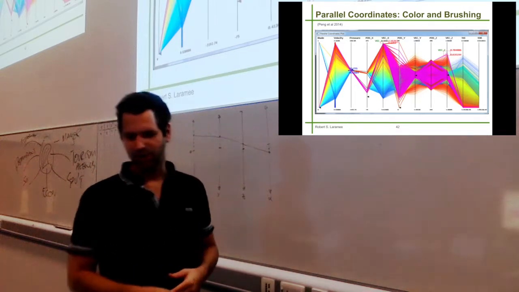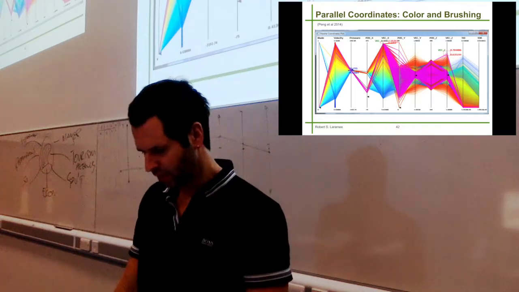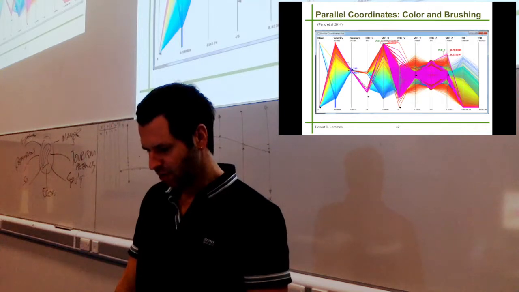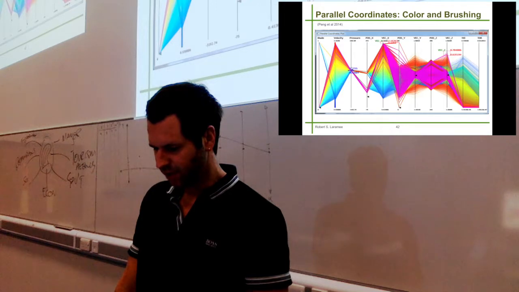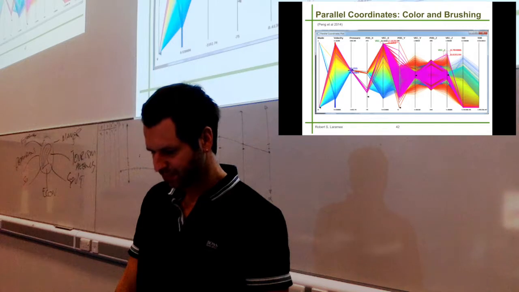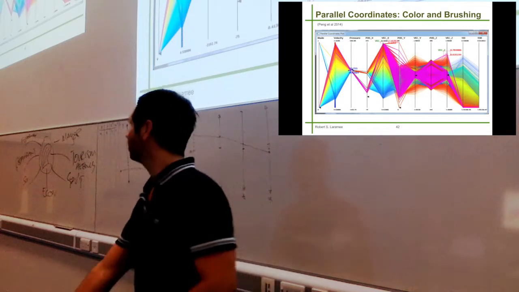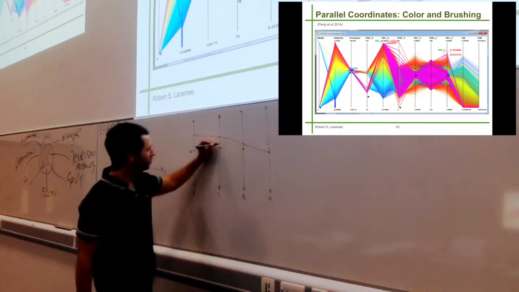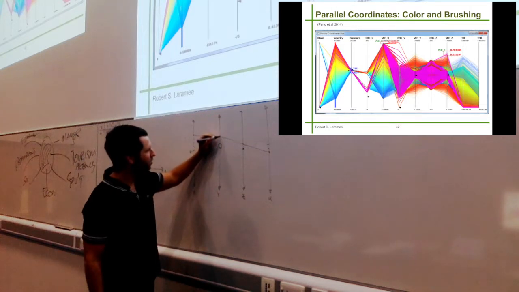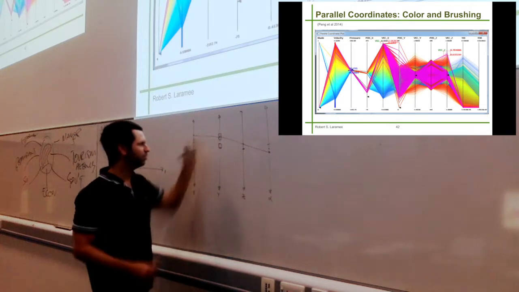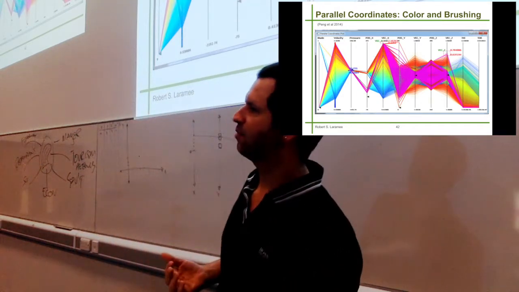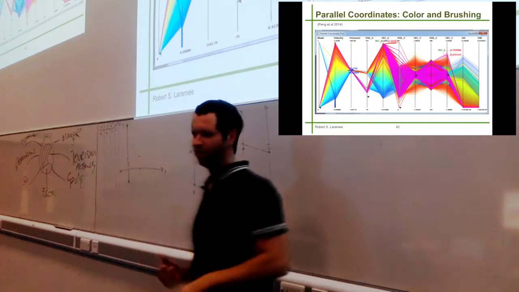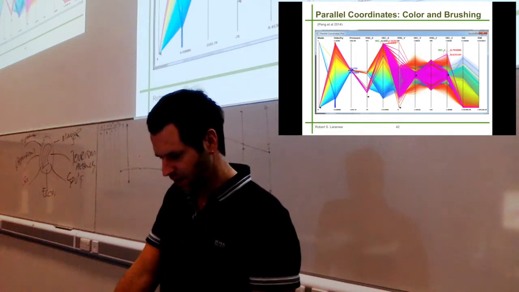For example, color, like we mentioned. So the polylines can be colored, but we can also use something called brushing. And brushing is simply a selection. So we take any axis, and then we select a range along that axis. So for example, all the polylines that pass through this range of an axis get a special color, and then we can see what they look like when they connect to the other dimensions.